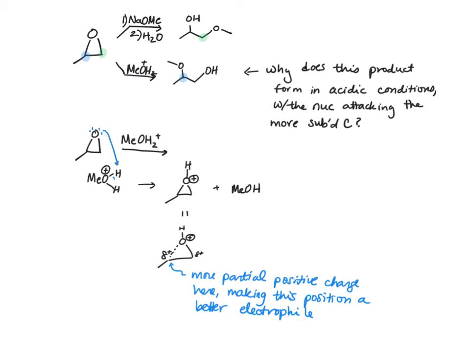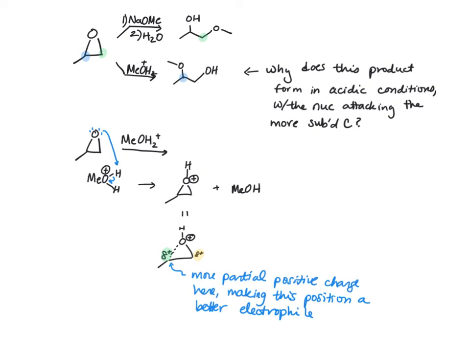First, we get a protonation of the epoxide oxygen forming this cationic intermediate. What we need to know about this cationic intermediate is that it's positively charged, but that positive charge is spread over the epoxide ring. So we have a positive charge partially at the carbon atom on the left and the carbon atom on the right. Both of them bear partial positive charges.